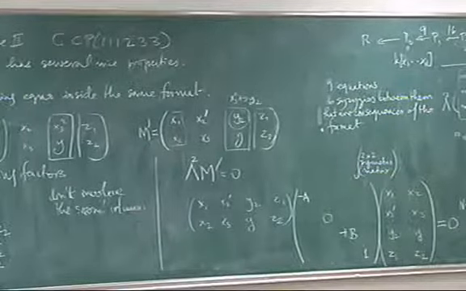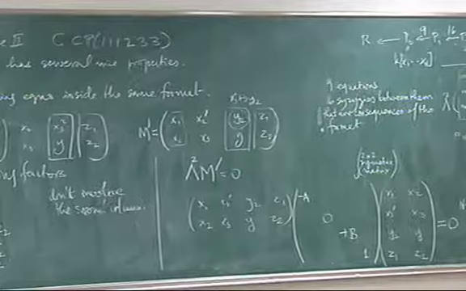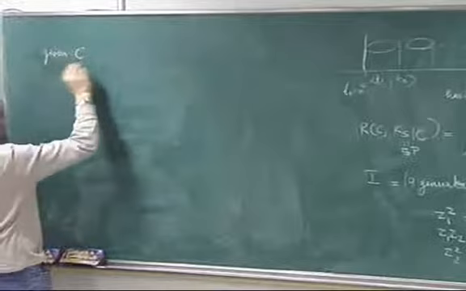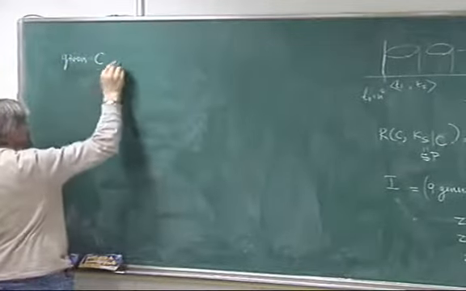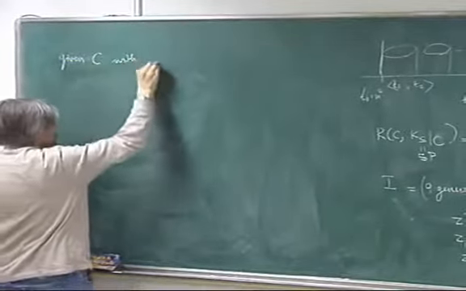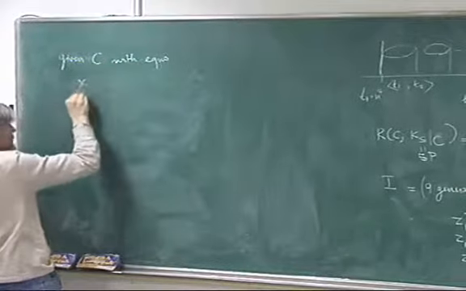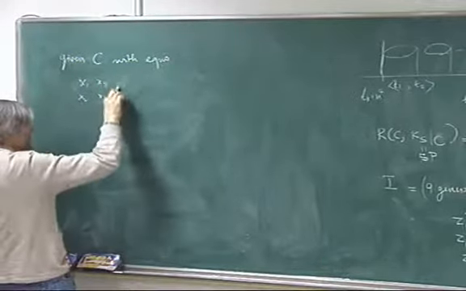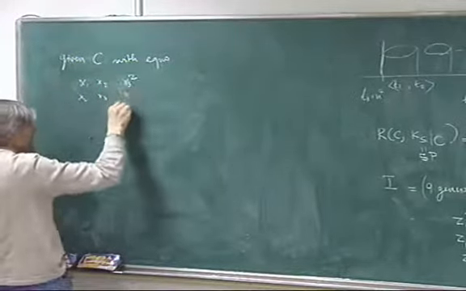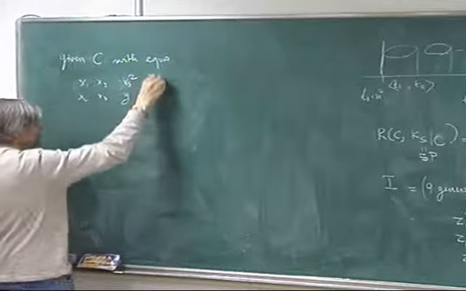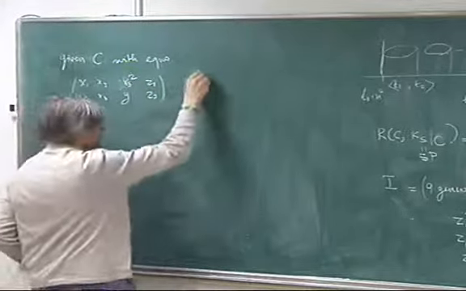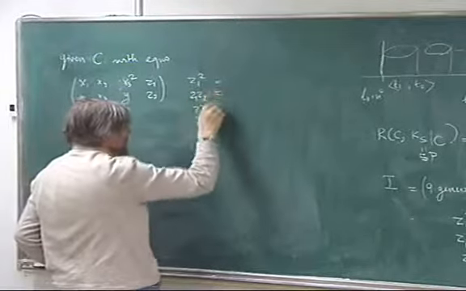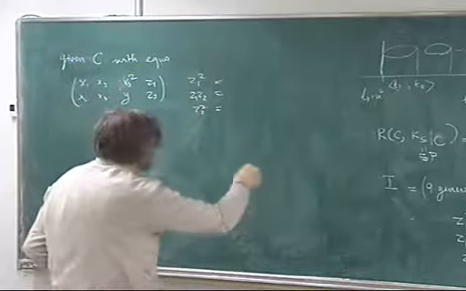So, to be concrete, so given C with the equations that I had, x1, x2, x2, x3, x3 squared, y, z1, z2, and z1 squared, z1, z2, z2 squared equals the thing I had, the thing that's still there.